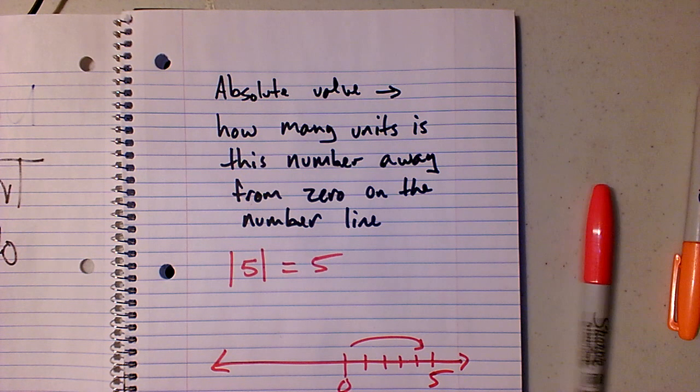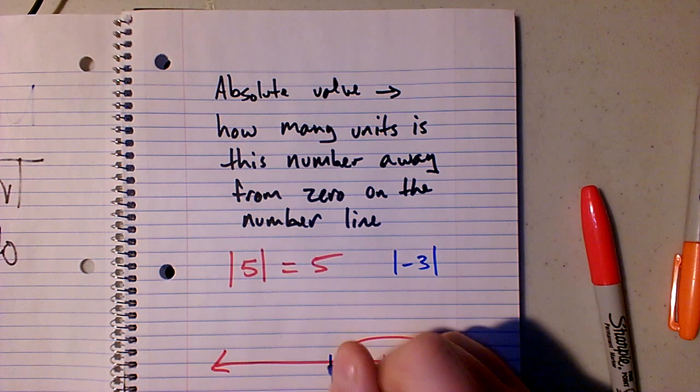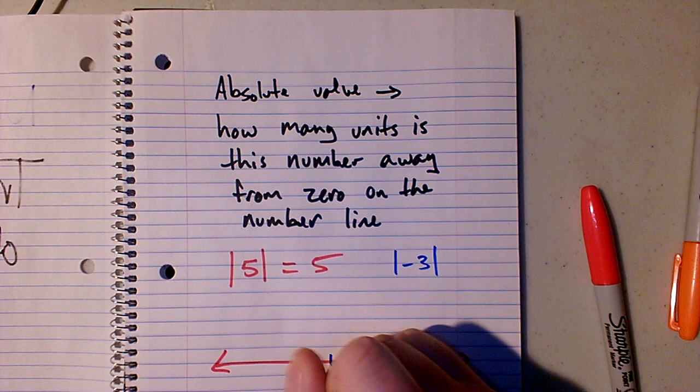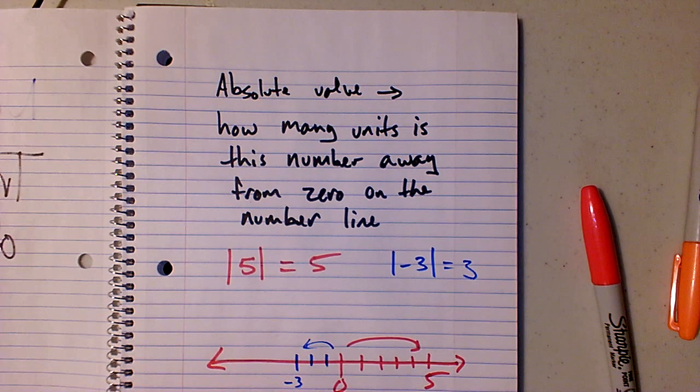And if you're asked what's the absolute value of negative 3, how many units away from 0 is negative 3? 3. We don't care about the direction. We just care about the size, the magnitude of the change.